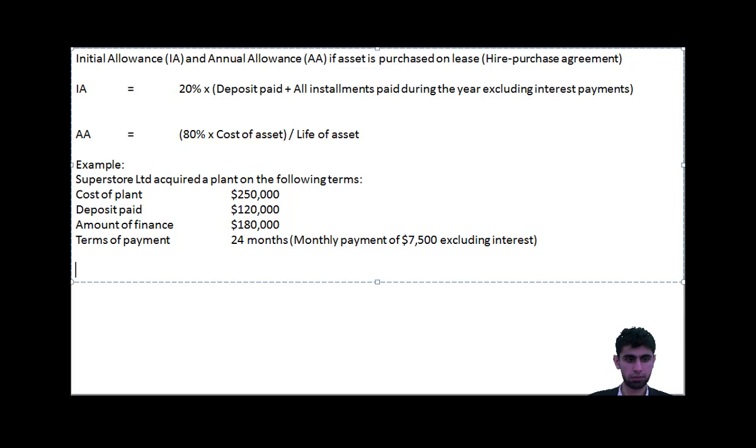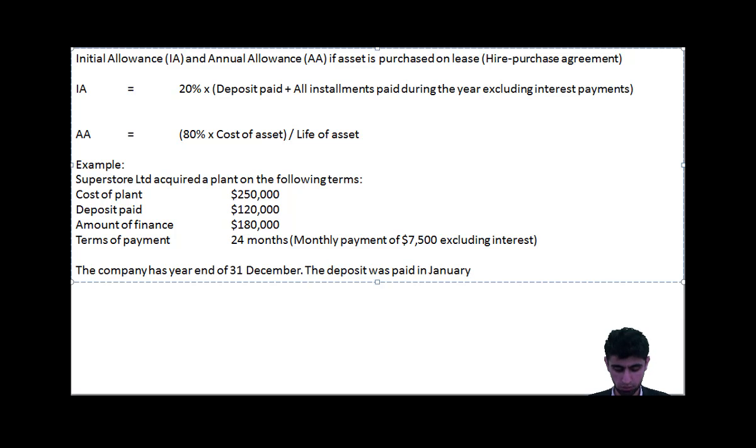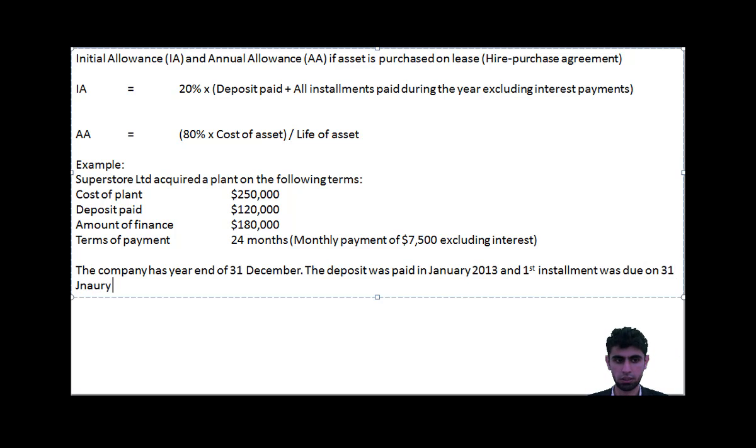So the company has a year end of 31st December. The deposit was paid in January 2013, and the first installment was due on 31st January 2013.